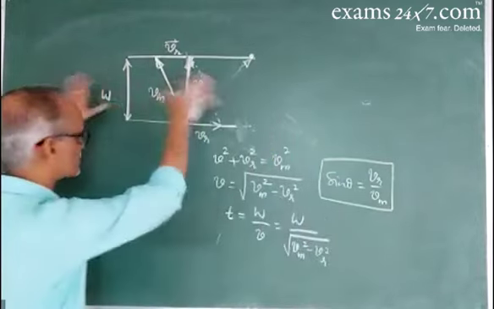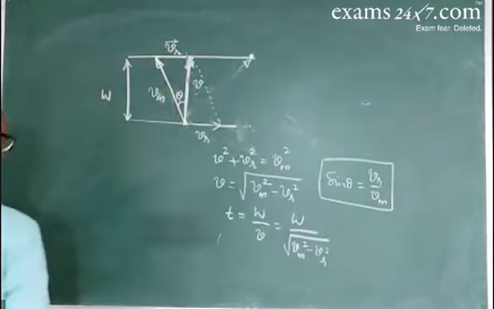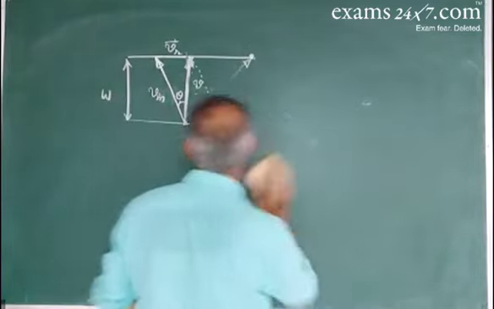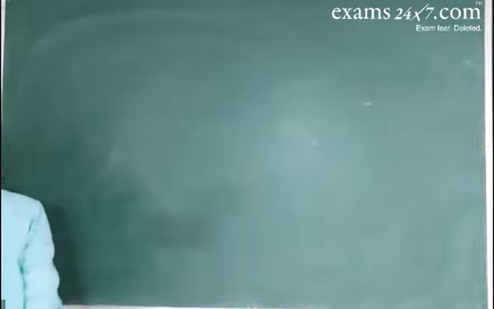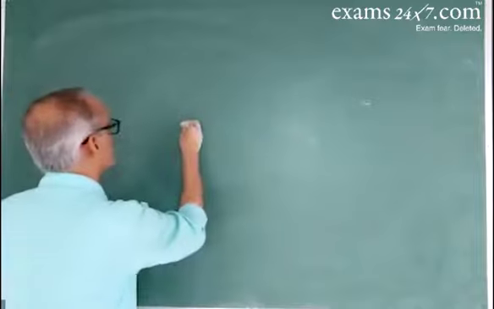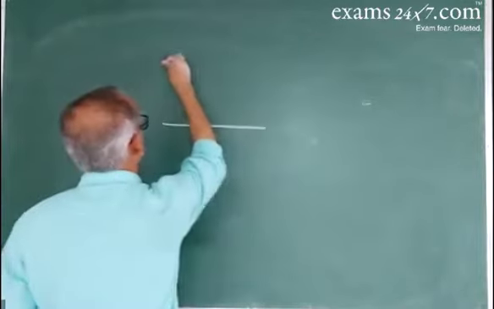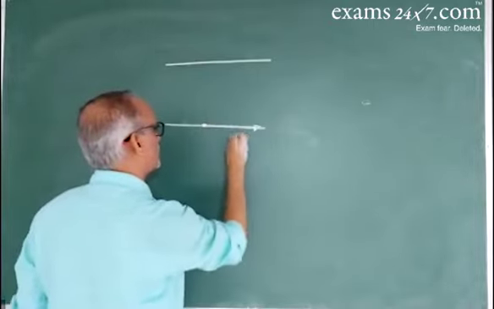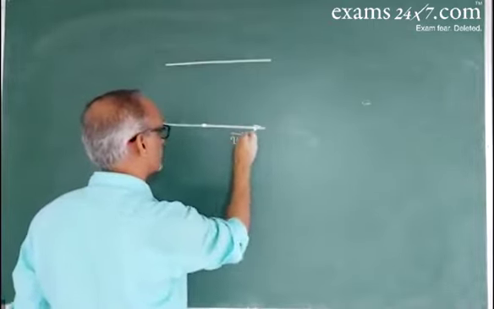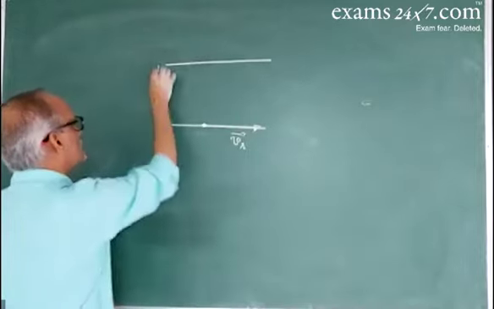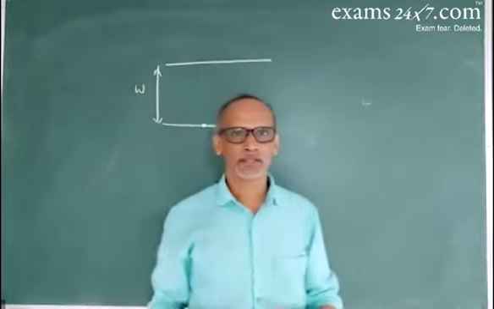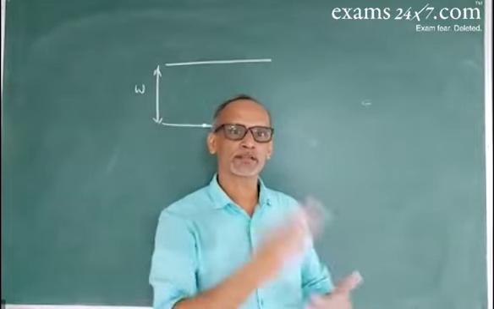Now, in the same scenario, if the person wants to cross the river in the shortest time, then which direction does the person have to swim? So this is the bank of the river, and this is the direction of the river, which is Vr. W is the width of the river. For the shortest time, the velocity has to be more.